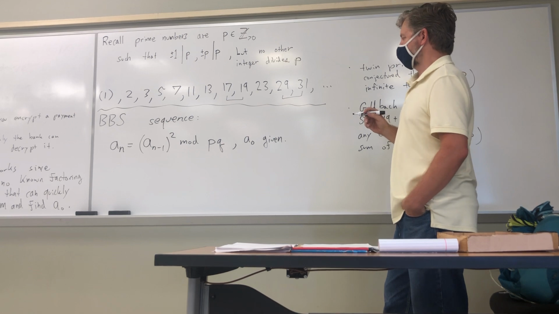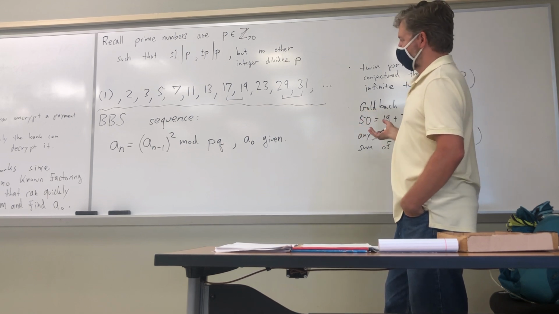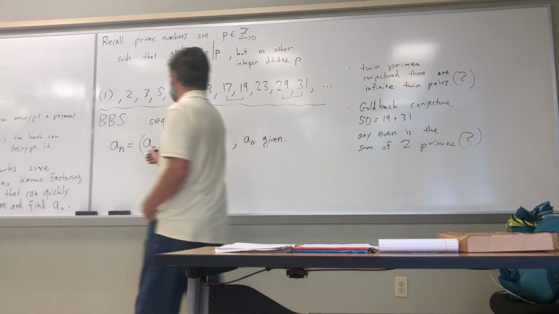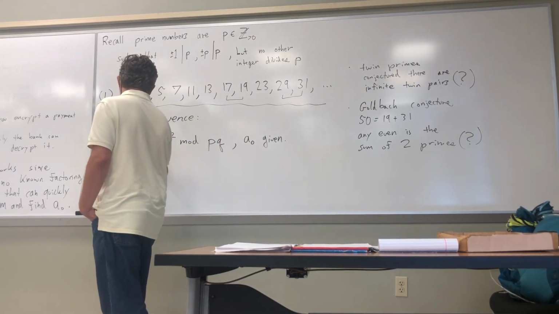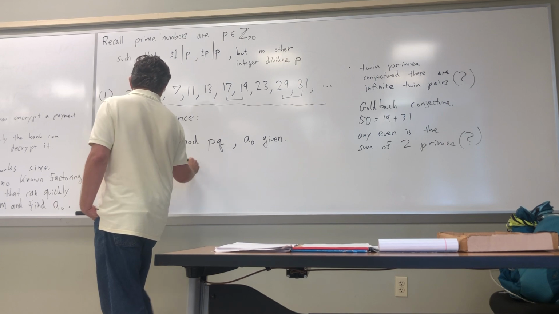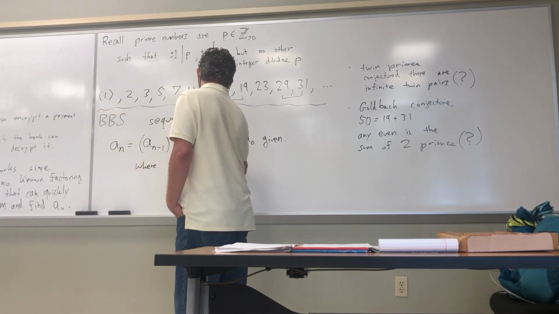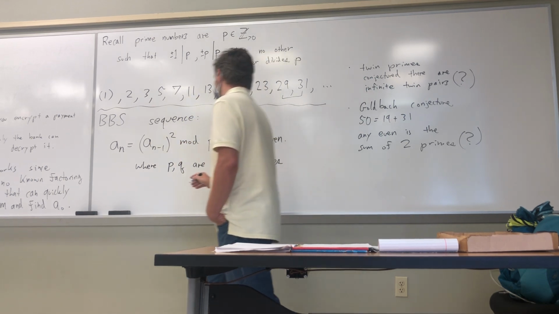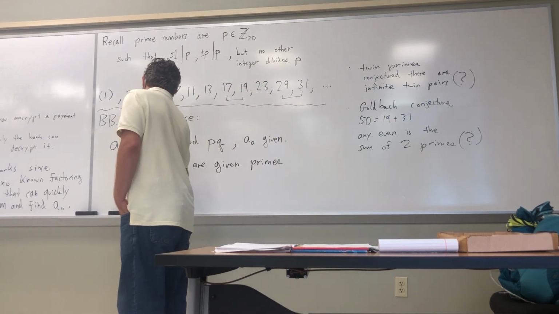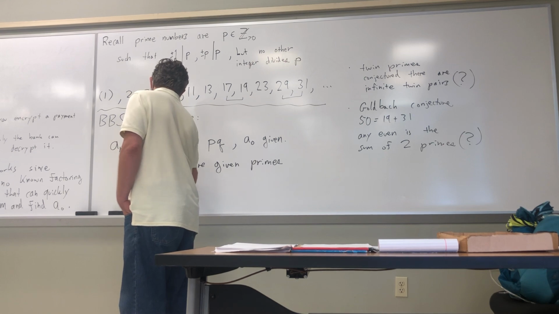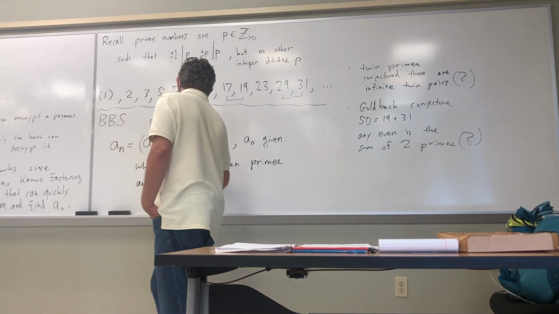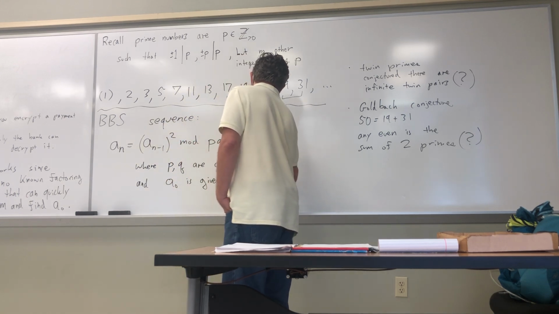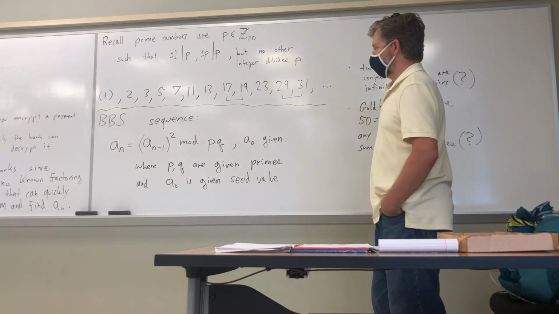It's got some variables in it, so if I ever give you this one, I have to tell you what the variables are. P and Q are given prime numbers, and A0 is a given seed value.